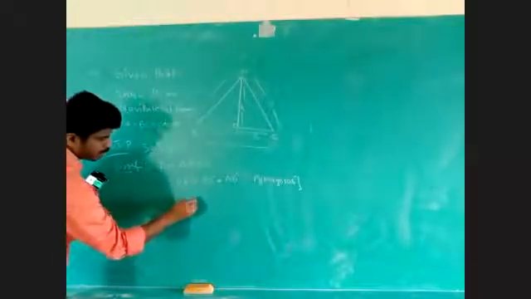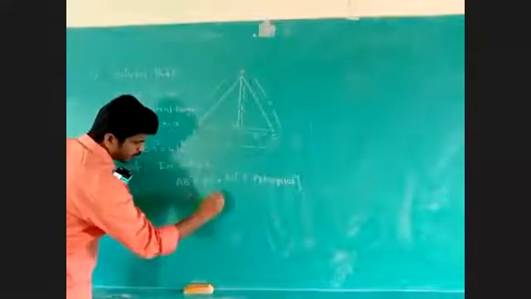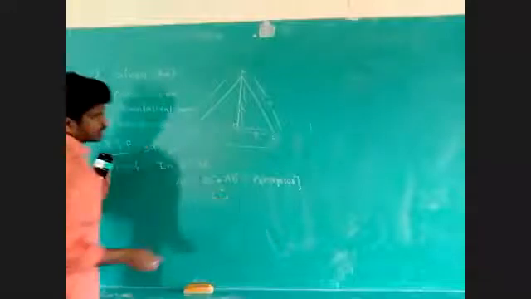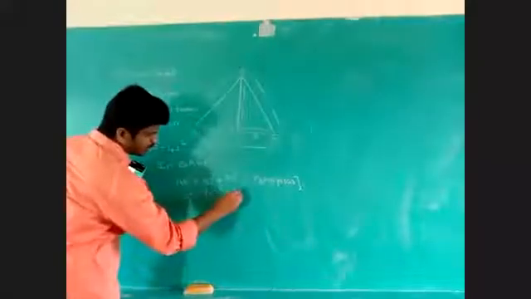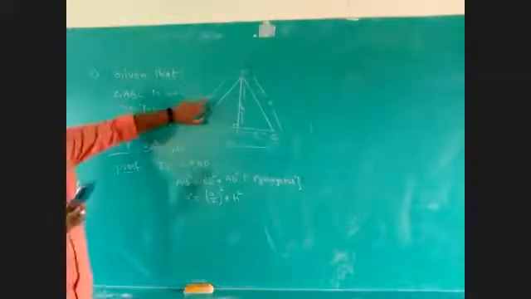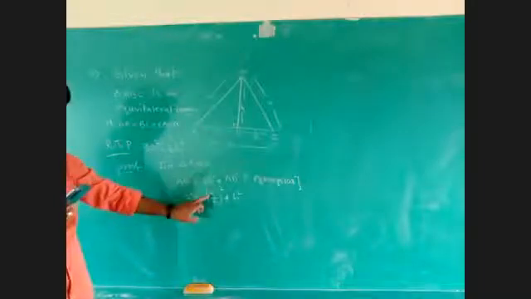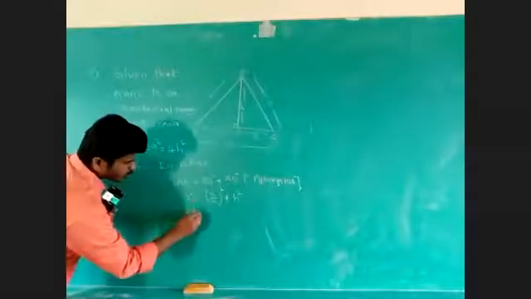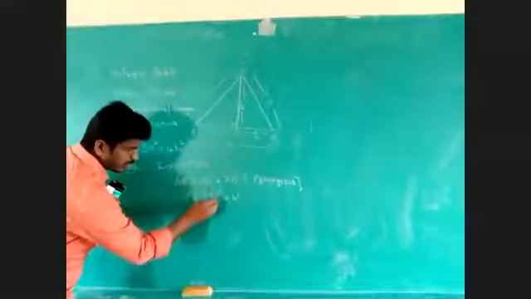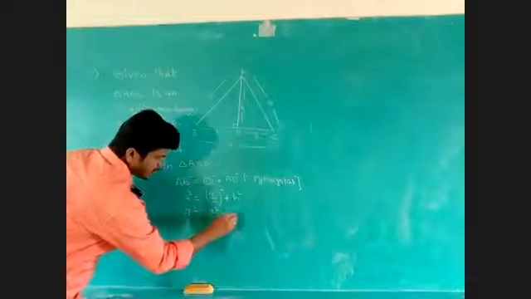A square equals BD, which is A by 2, whole square, plus AD, which is H square. Now A square equals A square by 2 square, which is A square by 4, plus H square.